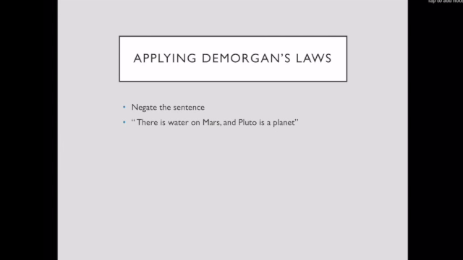Now, we can also apply De Morgan's laws to a sentence. If I want to, I can do that to negate the sentence. So here I have, there is water on Mars and Pluto is a planet. I don't know if you caught it, but Pluto is not a planet anymore. Super bummed. Let's represent it with, there's water on Mars, we'll let that be P, and Pluto is a planet, that could be Q. So I have P and Q. If I negate P and Q, then I would have not P or not Q using De Morgan's laws.